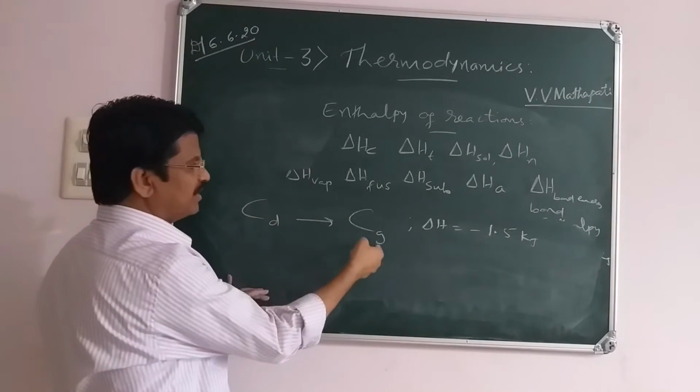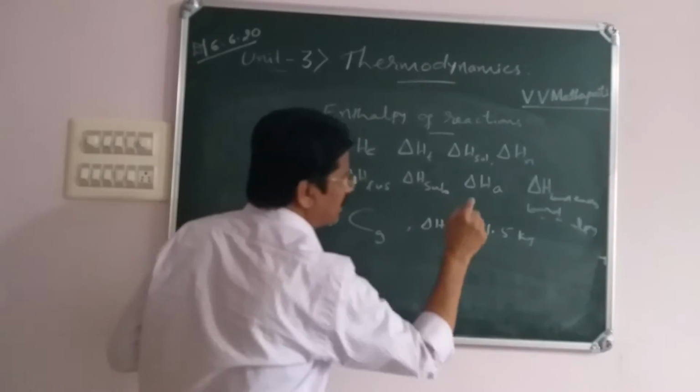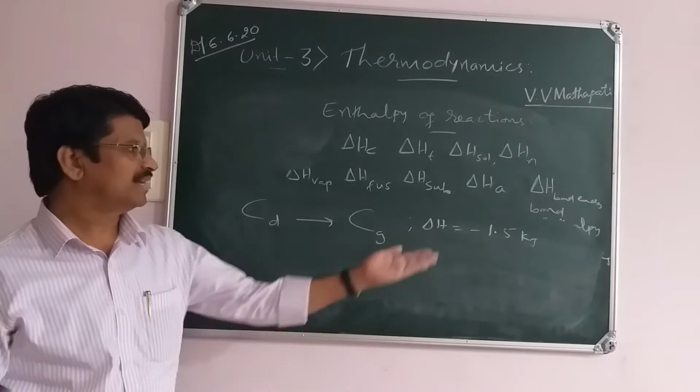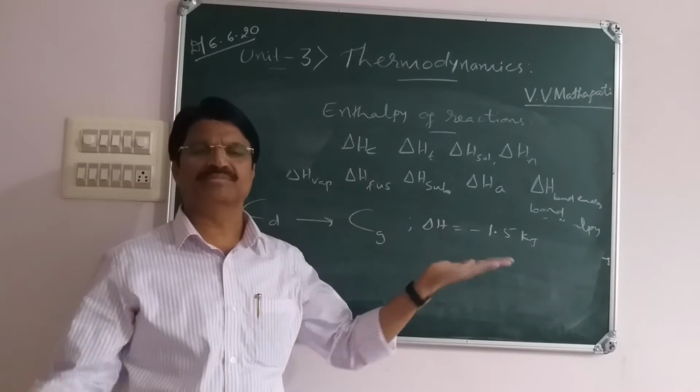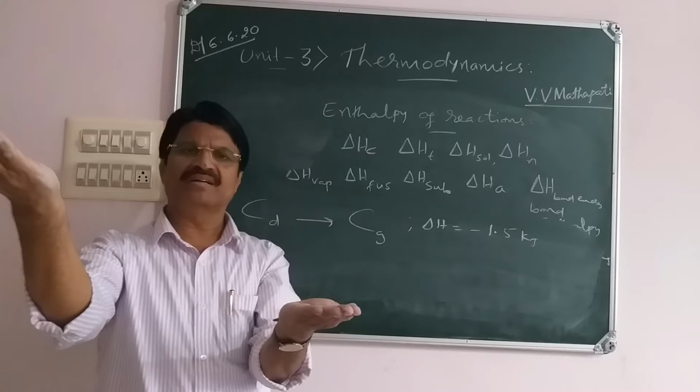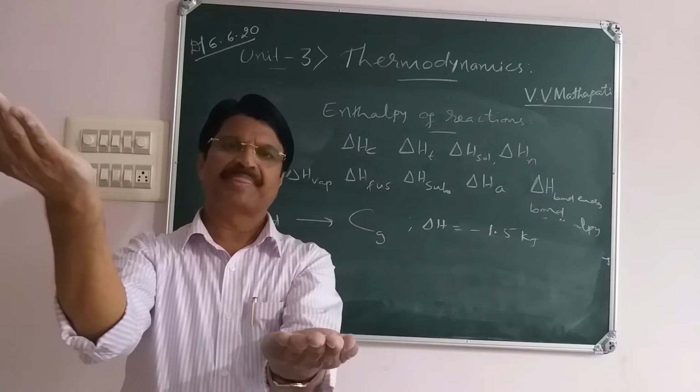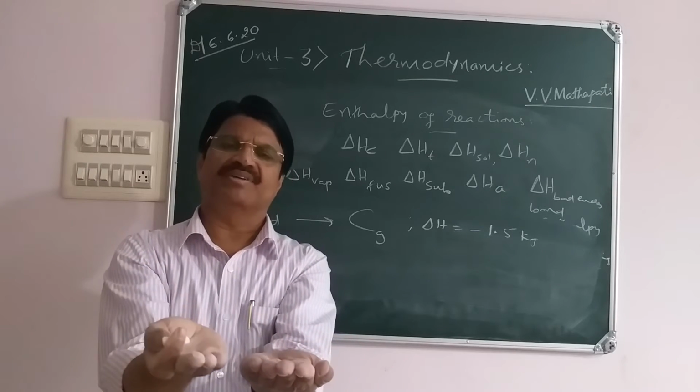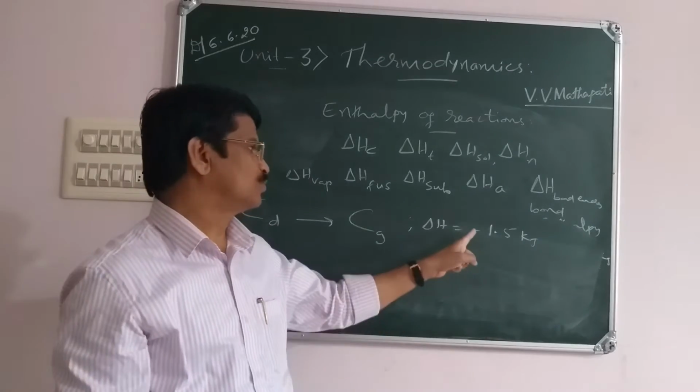Now again we got a minus value here. If delta H is a negative value, what happened? Reactant energy is more than product energy. Therefore, energy falls. Then it is exothermic.